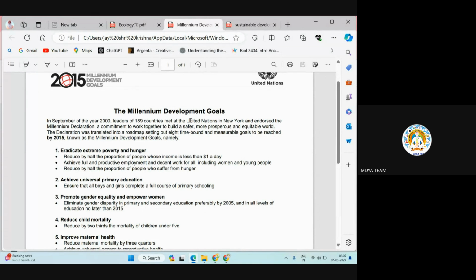Millennium Development Goals means we cannot stop development, we cannot stop industrialization, we cannot stop using certain things, but development should be sustainable development. What is sustainable development?